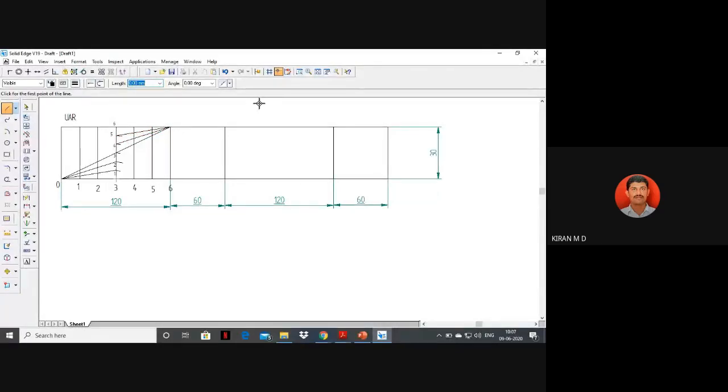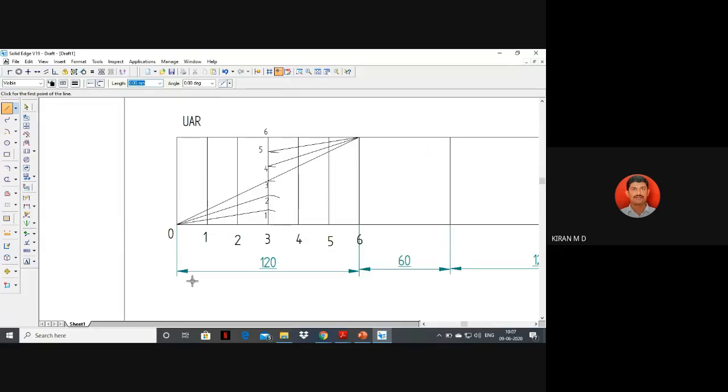Is it clear? Yes, sir. Whatever points you have before the midline, you join to 0. After the midline, whatever you have, you join to the last point, the 6th line.